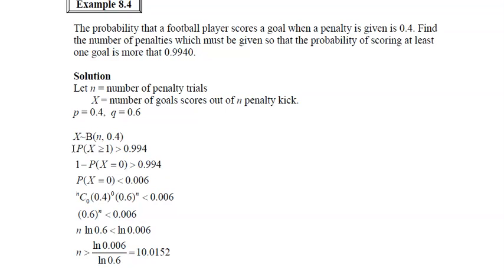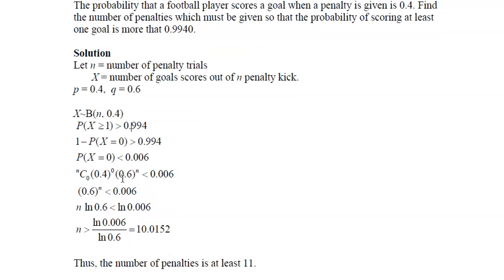Maybe you can highlight this one. The next step is 1 minus P(x = 0), because we just want x greater than or equal to 1. So it will be more than 0.994, and so P(x = 0) will be less than 0.006. We use the binomial distribution formula here.